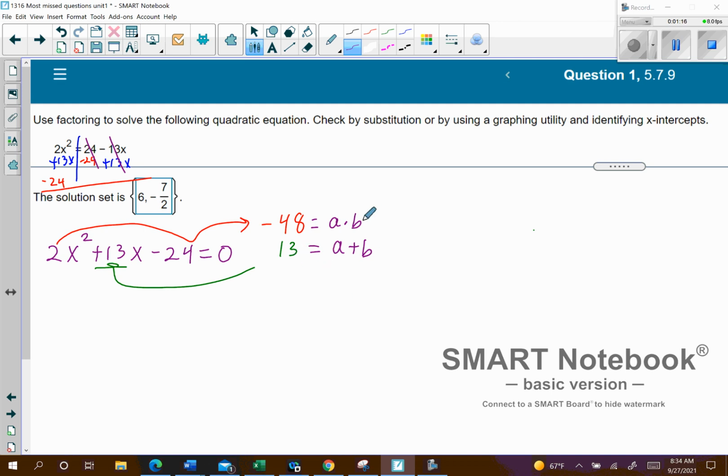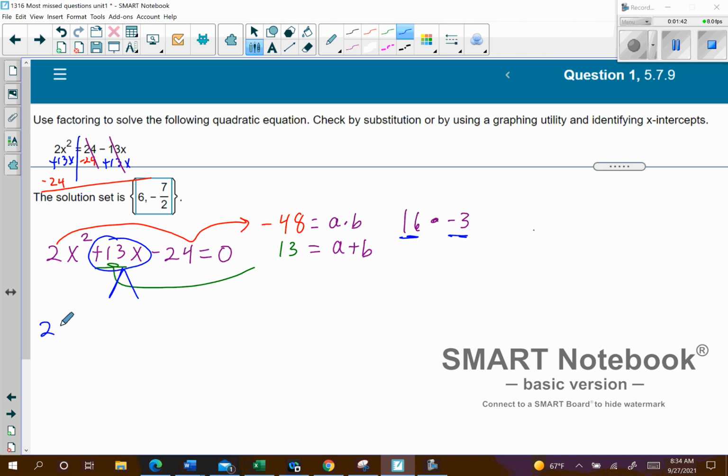And so you might have to play around with it a little bit, but I believe it's going to be a 16 and a negative 3. So 16 times negative 3 is negative 48, and if you add those together, it's positive 13. So what I'm going to do here is I'm going to take this and replace it with a 16 and a negative 3.